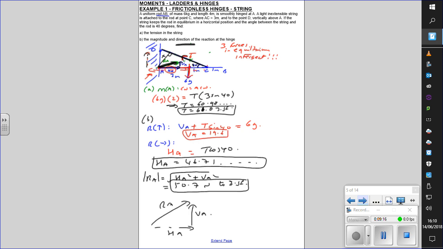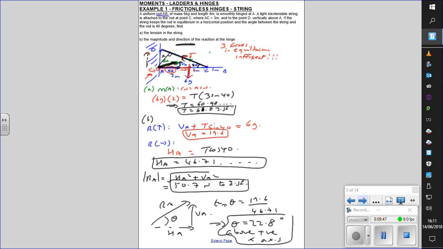If we're finding that angle, we need to do tan theta is VA, so 19.6 over our horizontal 46.71, inverse tan it, so theta must be tan to the minus 1 of 19.6 divided by 46.7, so 22.8 degrees, and this is where you need to say above positive x-axis. Okay, so some direction on there, clearly stated.